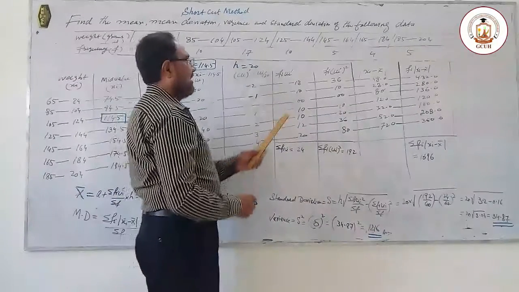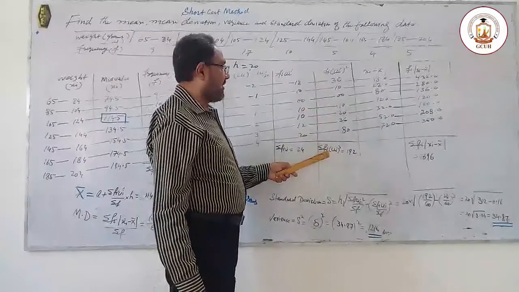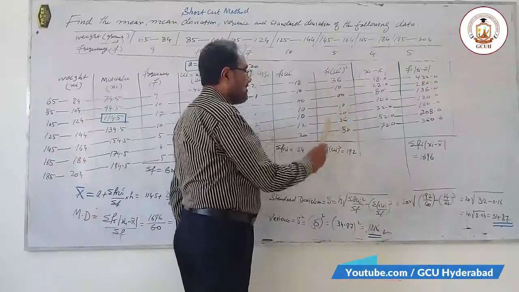In this way we calculate all the values of this column, and after that we sum up this column. The sum of this column is 190.